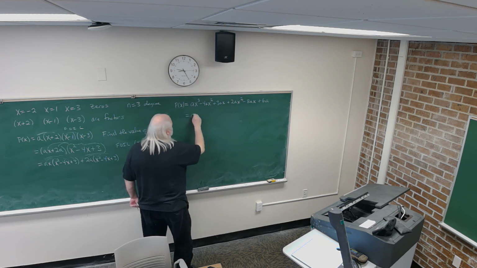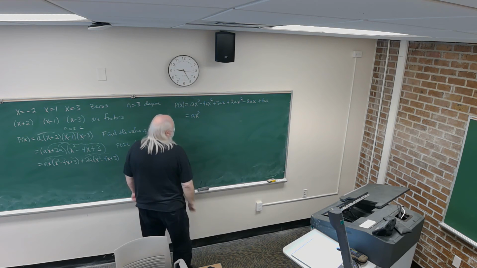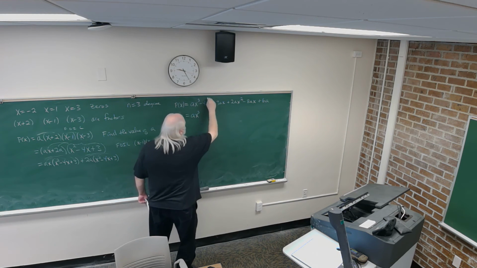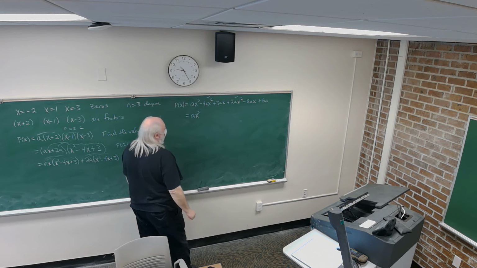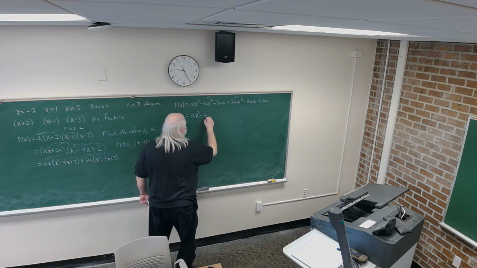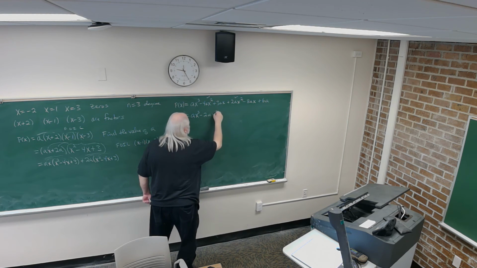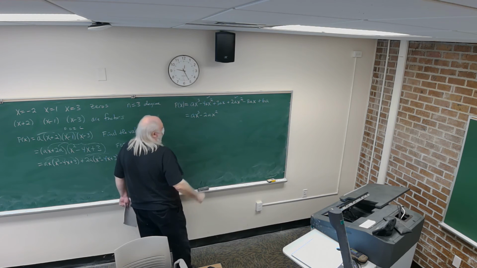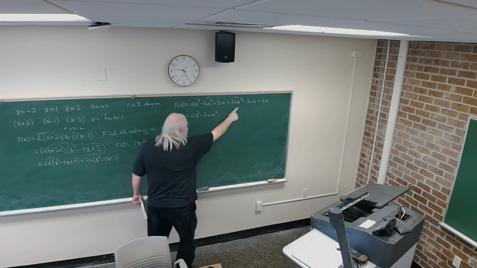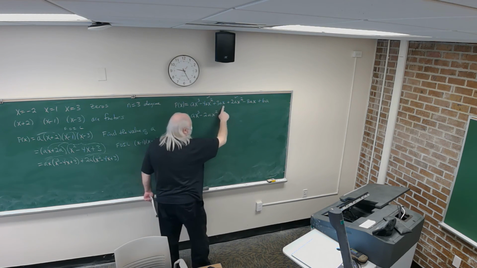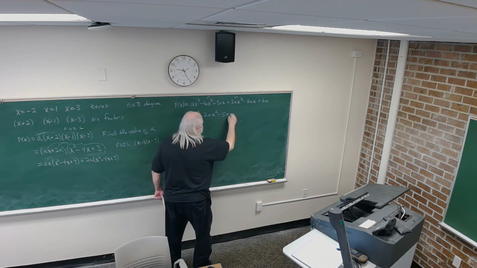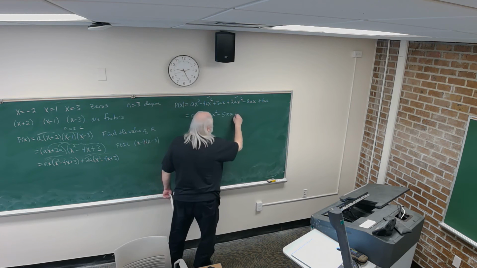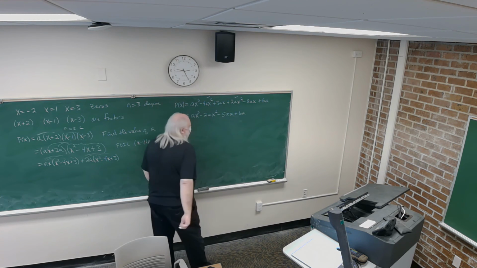There's only one term involving x cubed. There are two terms involving x squared. We have minus 4ax squared plus 2ax squared, which is minus 2ax squared. And then we've got two terms involving x. We've got 3ax minus 8ax, which is minus 5ax. And then we have the term 6a all by itself.